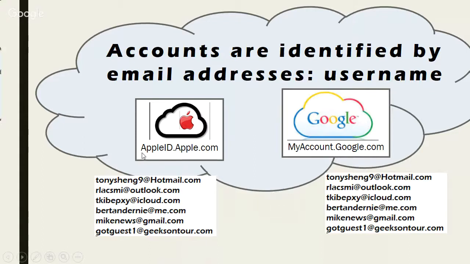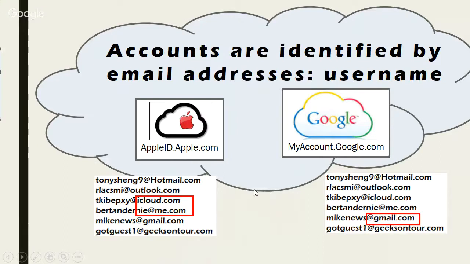Look at this list on the left. Your Apple ID could be a hotmail.com account. It could be an Outlook, an iCloud, me.com, gmail.com, or even a geeksontour.com address. Your Google account could be any one of those same email addresses. So the email address is your username.